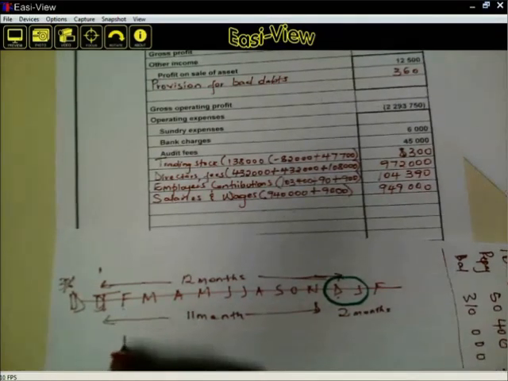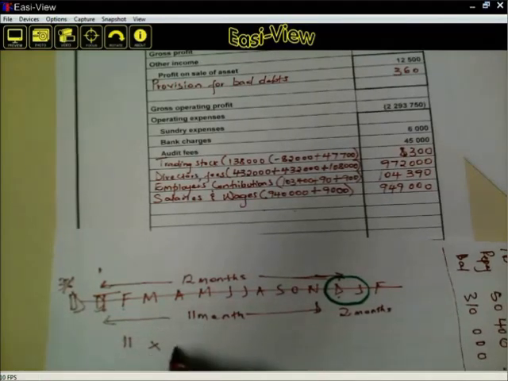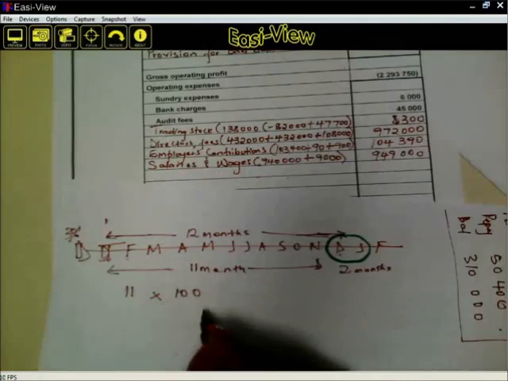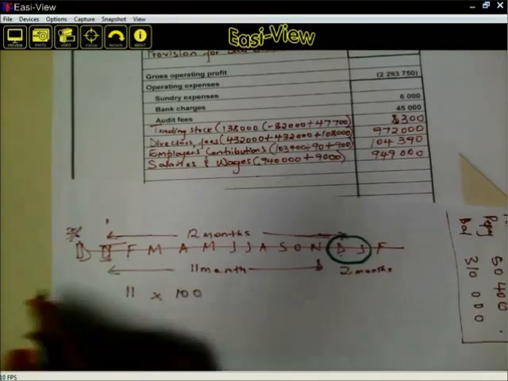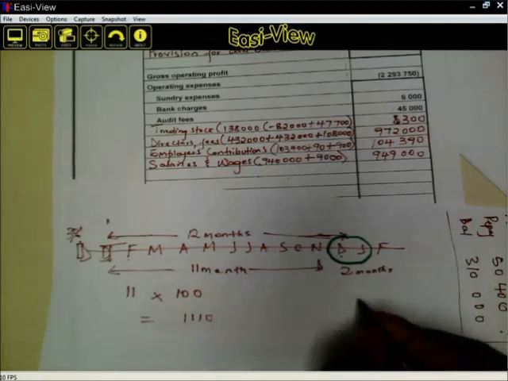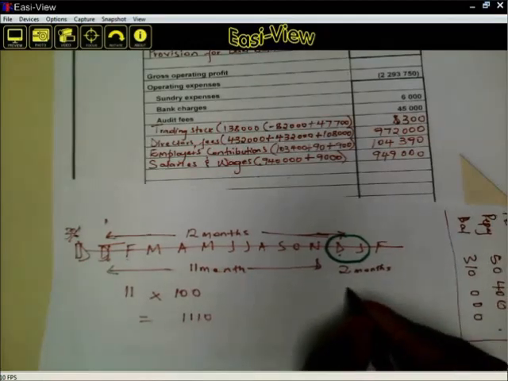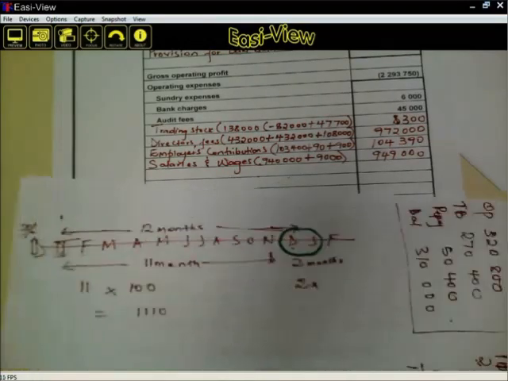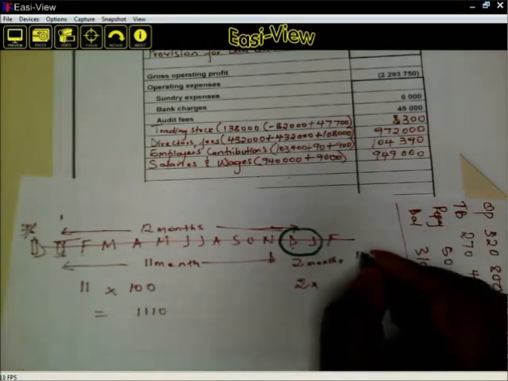So this 11 you multiply. You take an assumption that we always say 100. Multiply by 100, it will give you 1,100. Then coming to the 2 months, you multiply by 110 because it's 100 rand.